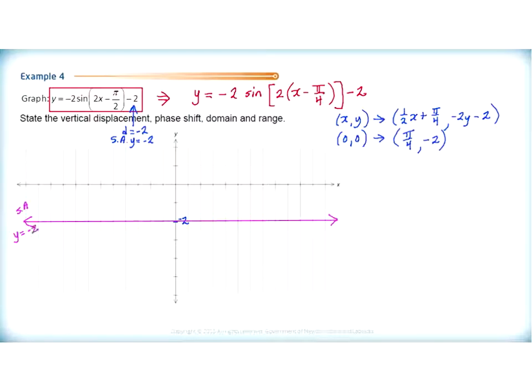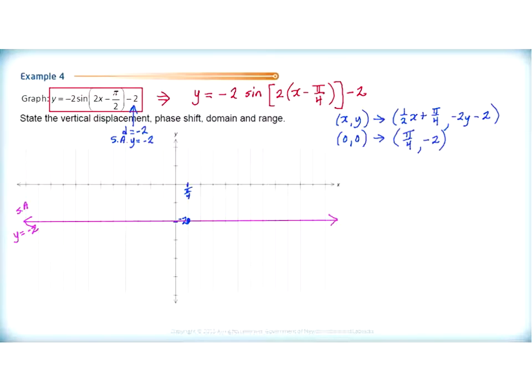Now we can plot the first point on our new graph, which occurs at (pi/4, -2). There's pi over 4 and -2.